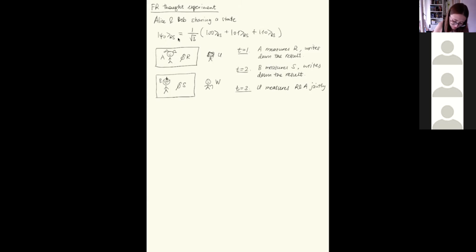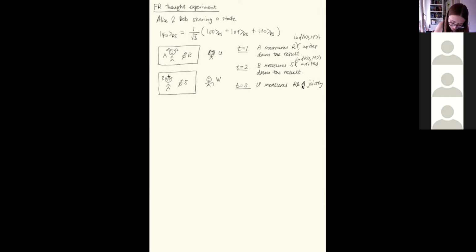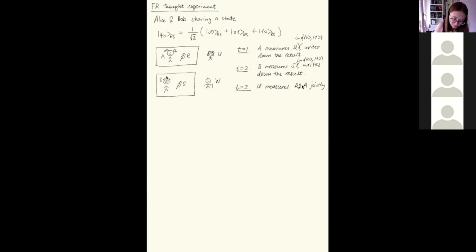In the basis, sorry, I didn't mention here: Alice measures R in the 0, 1 basis, and Bob measures S also in the 0, 1 basis, and Ursula measures R and A jointly in the so-called OK fail basis, where OK on RA is |00> minus |11>, and fail is |00> plus |11>.